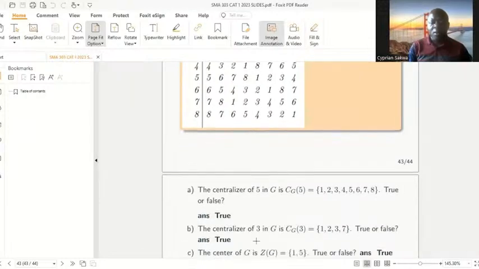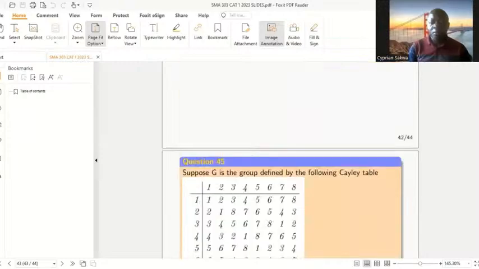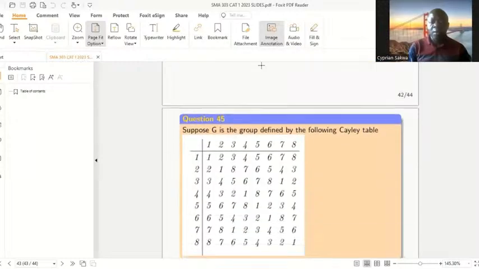Now the other one, the centralizer of 3 is this. Let's just check and see what the centralizer of 3 is. We want to see what elements commute with 3. So 1 times 3 is 3, and 3 times 1 is 3. So 1 commutes with 3.